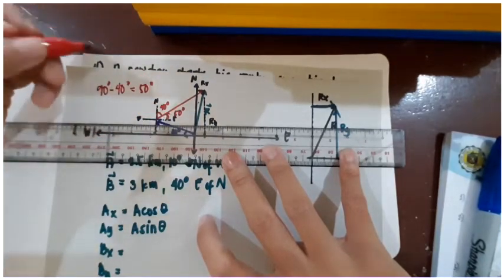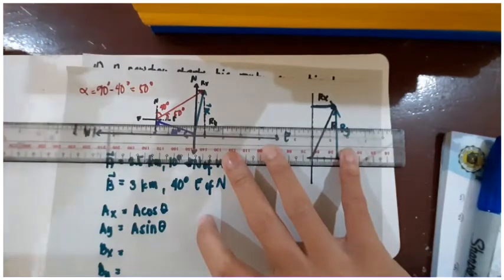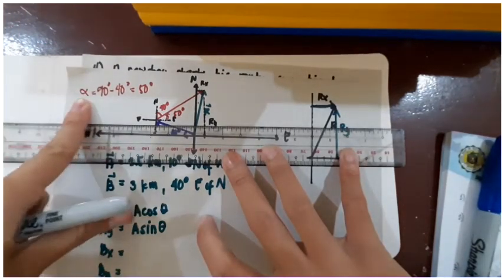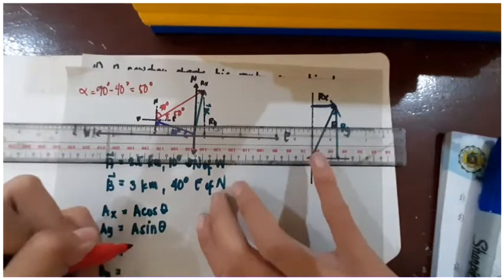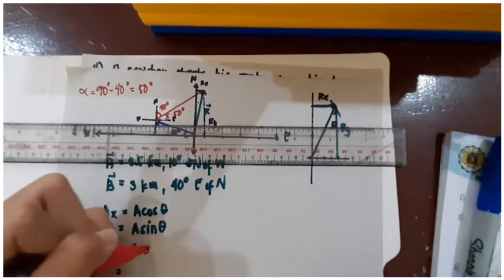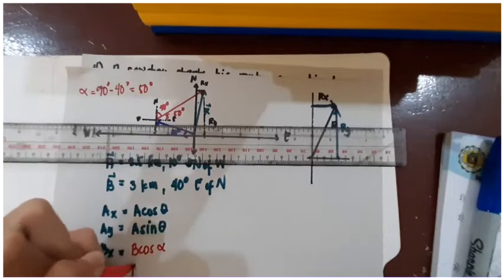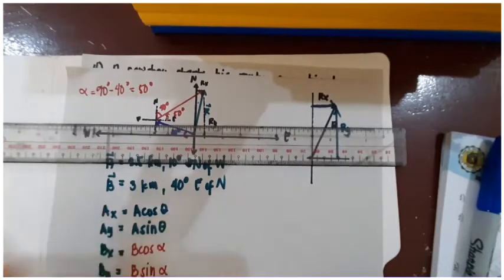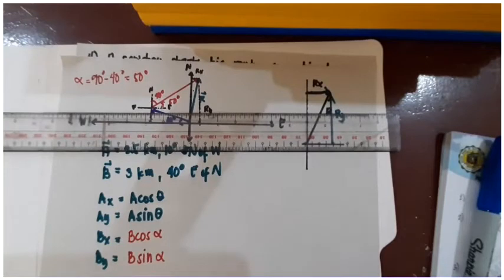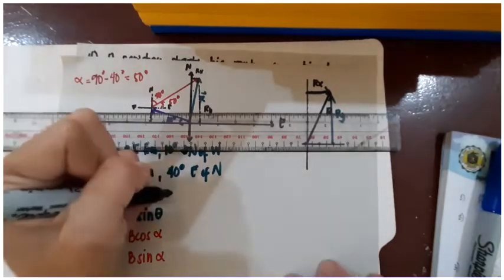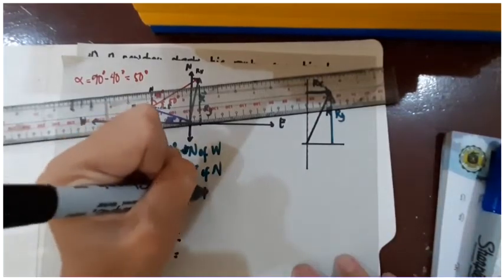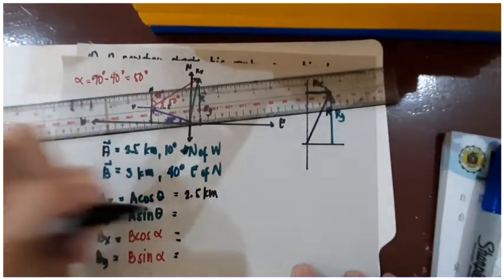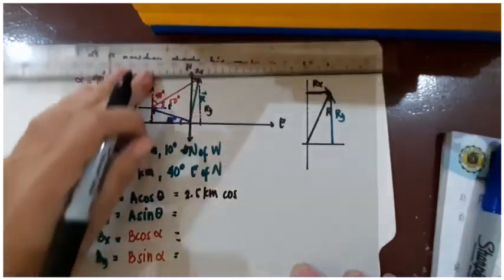So let's call your 50 degrees as this sign, this is phi. Okay. So, meron tayong B cosine phi and then B sine phi. That's for our vector B. Okay, now we will plug in the values. Your A is 2.5 km. Your cosine, that's 10 degrees.